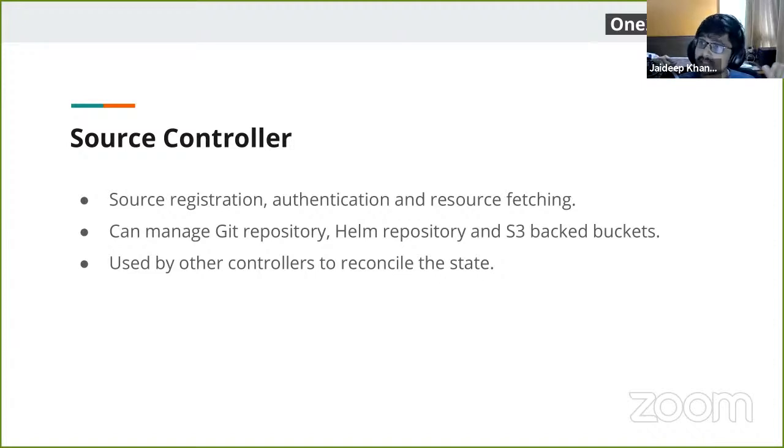It also fetches the resources and creates those resources which are consumed by other controllers, right? Like for example, kustomize controller and Helm controller, which use the source CRD created by source controller. As of now, there are three kinds of repositories supported by source controller: Git repository, Helm repository, and S3 buckets.